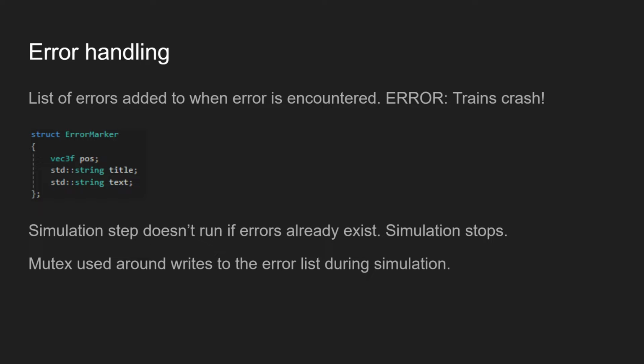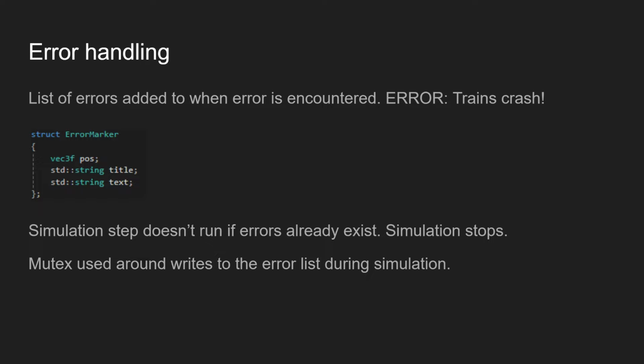Whenever part of the simulation runs into an error, it will add an error marker to an array. The error marker is fairly simple. It's a struct that has the location that the error occurred in the map. It has a string that stores what the title of the error is, and a string that contains the text that should appear in the text box.